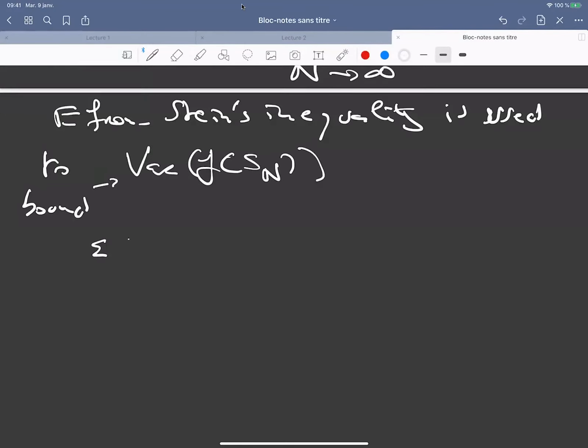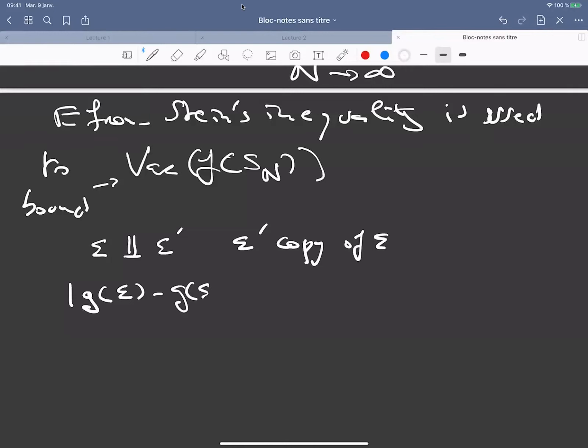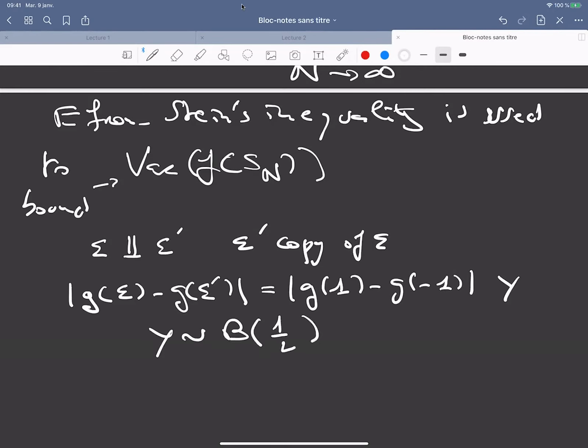So we consider two random signs, epsilon prime being a copy of epsilon, and which is independent of epsilon. And in this case, when you look at a function of epsilon minus a function of epsilon prime, the difference between the two in absolute value is just equal to j at point 1 minus j at point minus 1 times some variable y, which is simply a Bernoulli variable with parameter 1/2.